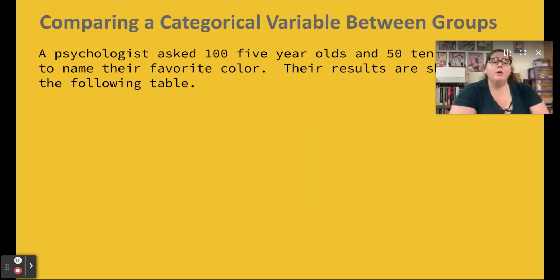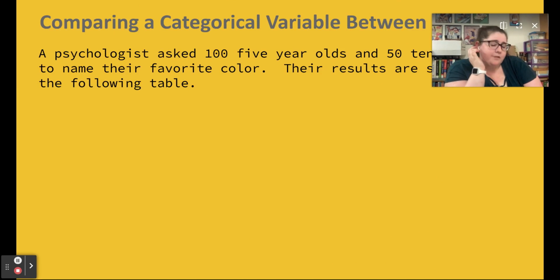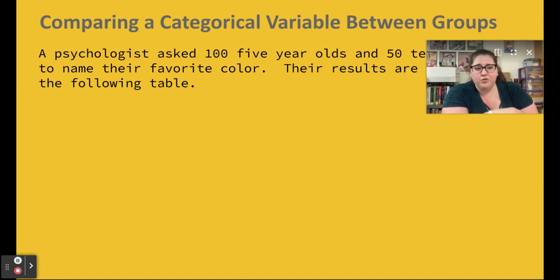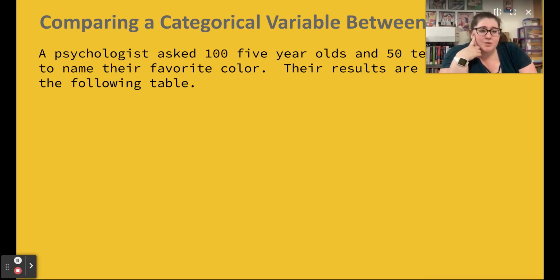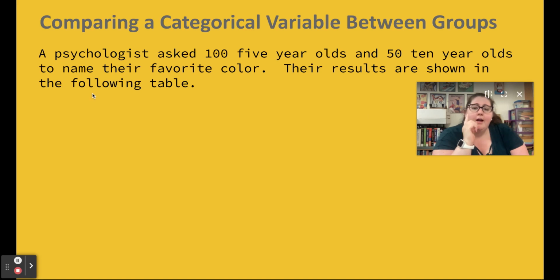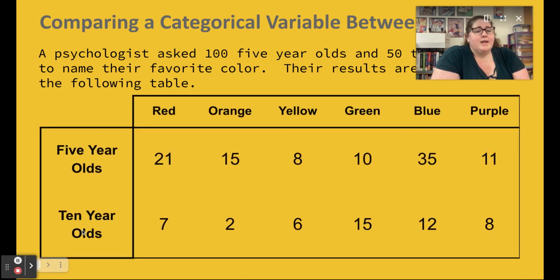So if we were then taking a categorical variable and wanting to compare it between 2 or 3 or 4 groups, we could also do that using a graph. So a psychologist, and this is our example for this, psychologist asked 100 5-year-olds and 50 10-year-olds to name their favorite color, and the results are shown in this table.